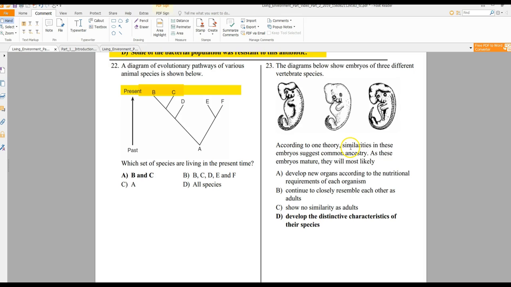According to one theory, similarities in these embryos suggest common ancestry. As these embryos mature, they were most likely, so when they grow, the human's going to start looking like a human, the chicken's going to start looking like a chicken, and the dolphin's going to start looking like a dolphin. So the best answer is to develop the distinctive characteristics of their species.